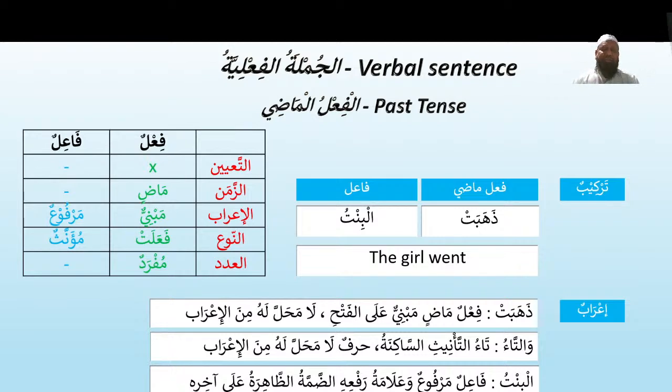Now this is called اجتماع الساكنين, two sukun coming together.